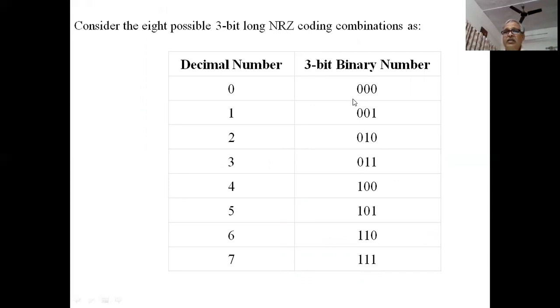The decimal value 0 is represented by the 3-bit 000, 1 is represented by 001, 2 by 010, 3 by 011, 4 by 100, 5 by 101, 6 by 110 and 7 by 111. So in a 3-bit binary number, we represent decimal numbers 0 to 7 in this way.